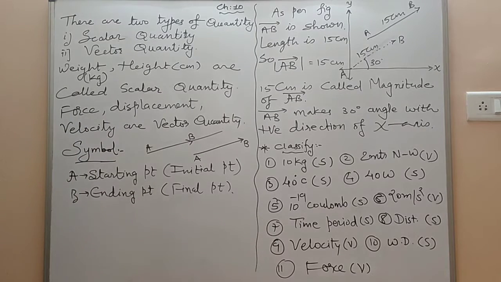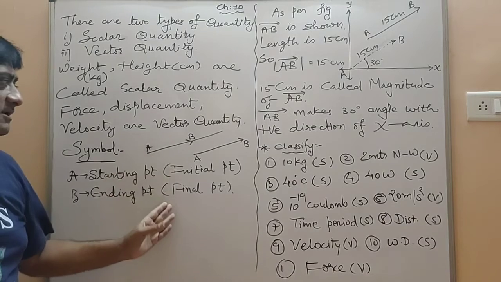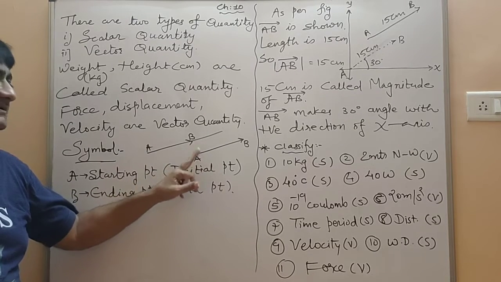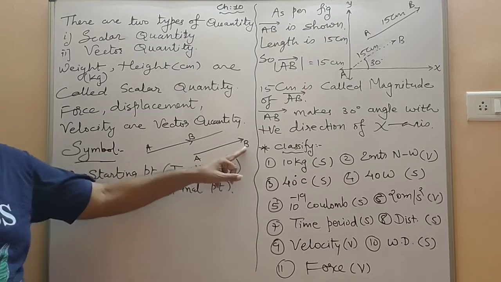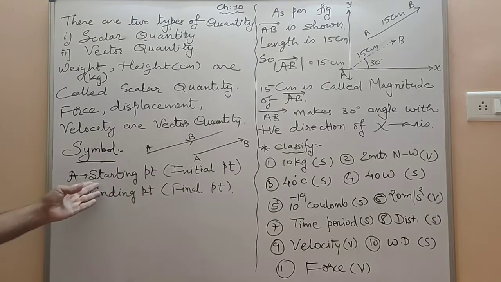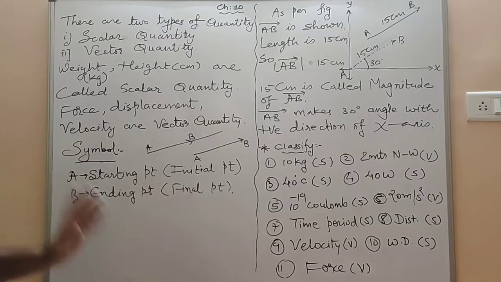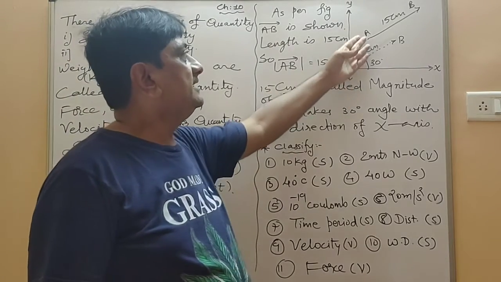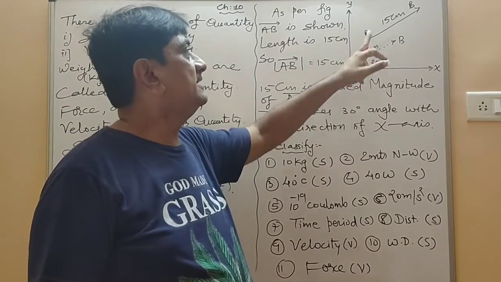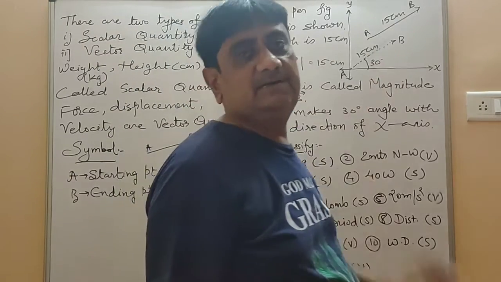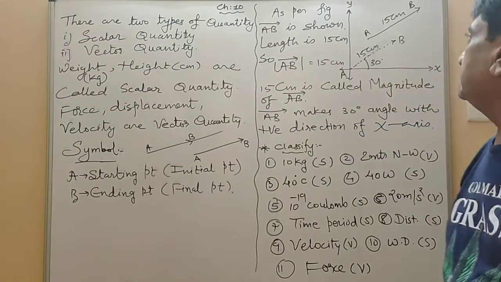It's a symbol A to B, a line starting with A and ending with B. This symbol is more useful. A is called the starting point, B the ending point, and as per this figure, it is the vector AB. And how to find the direction?